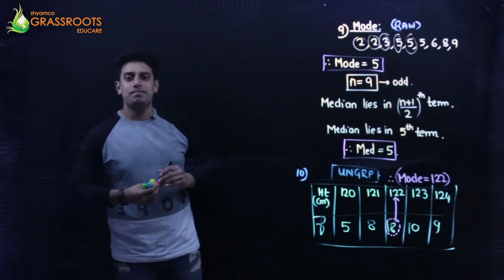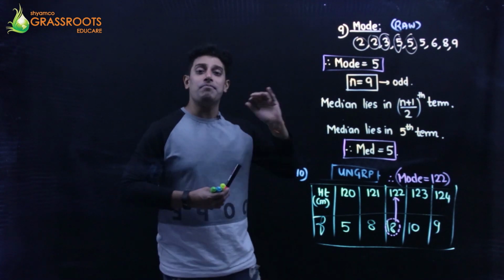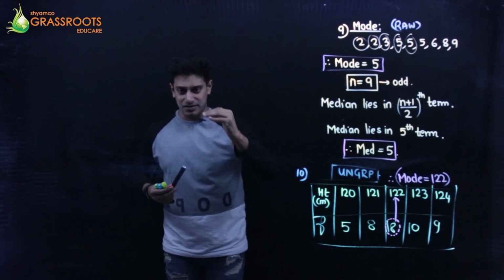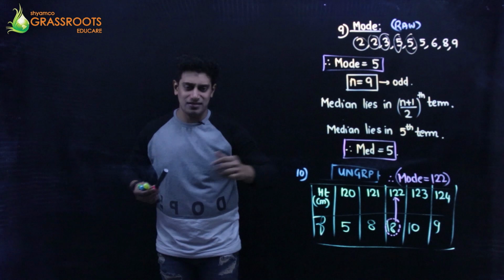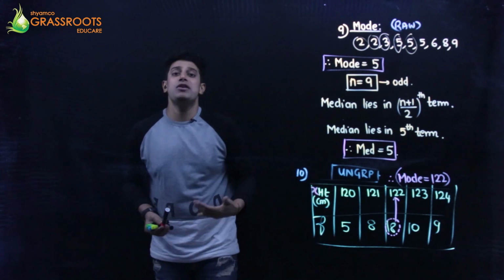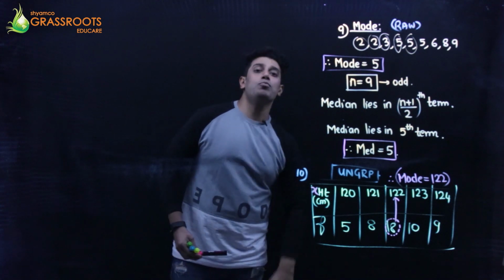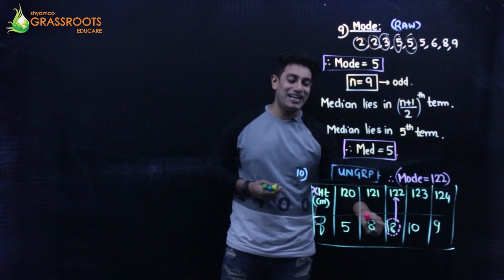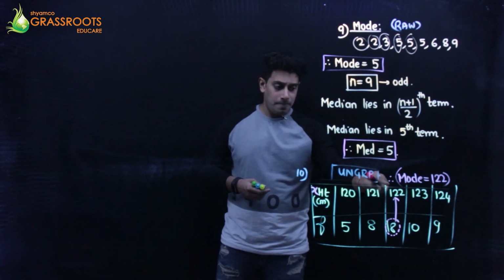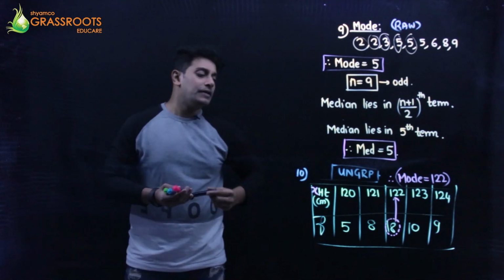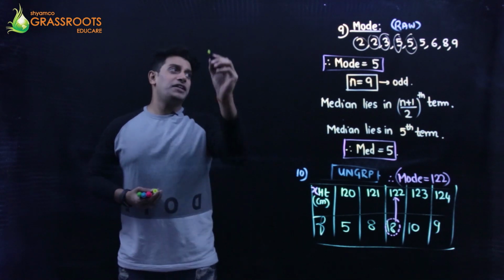So what you do is you select the class having maximum frequency and the X to which the maximum frequency belongs is your modal class, or you can say that's the mode, right? So mode is not 18. The mode is 122, not 18. So this was about the ungrouped data.